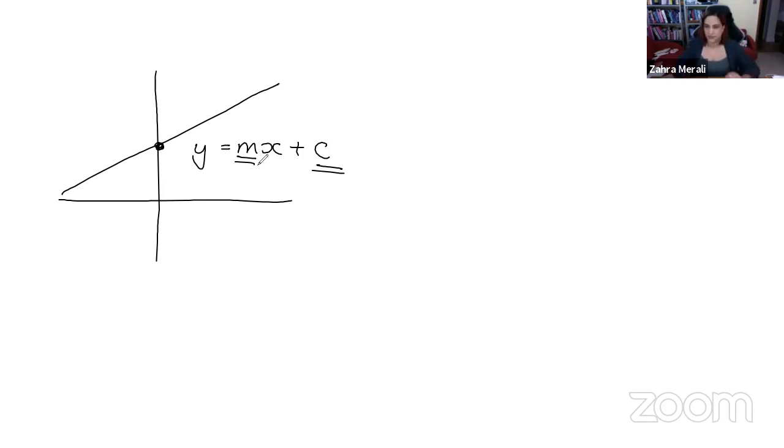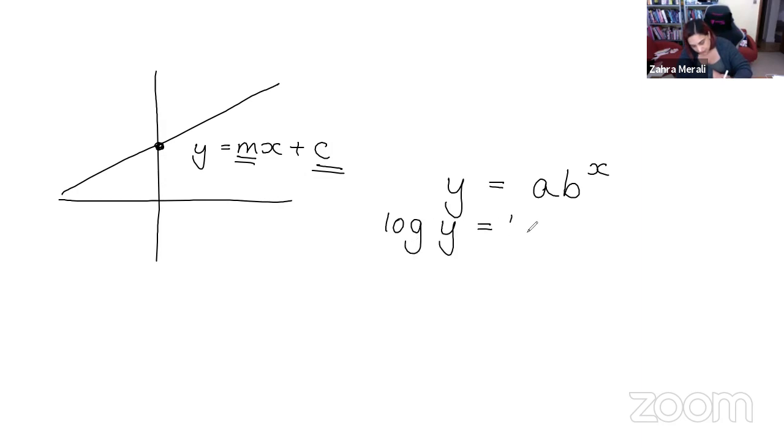If I take it very theoretically, an exponential graph would be of the form y = a b^x. Now what I could do is take logs of both sides. Again, this is for another day, but this is just a quick intro.